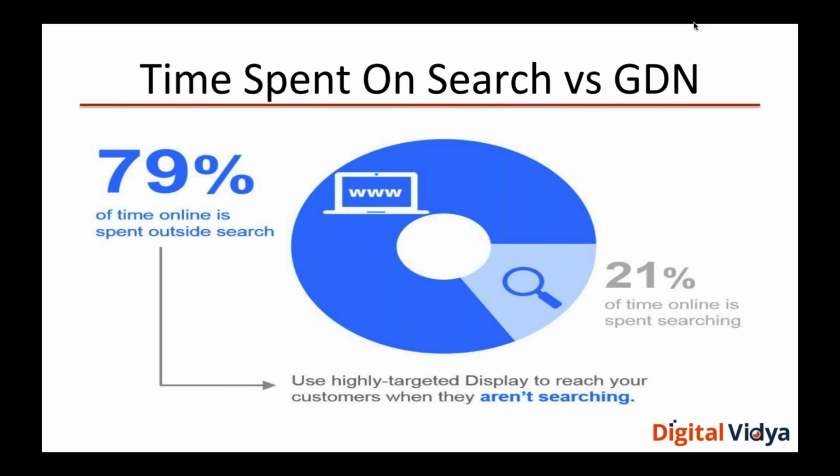Do you agree? Which again means when your potential customers are spending so much of time on other websites and apps, it becomes important and critical that as a marketer you are able to reach those customers or potential customers using the right ad.